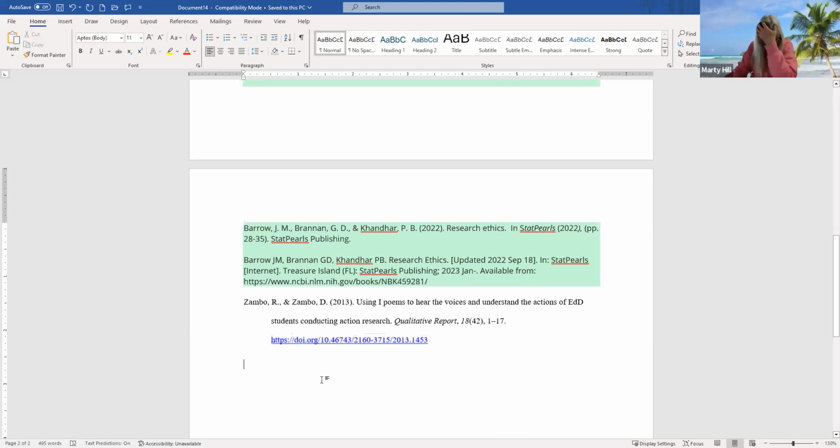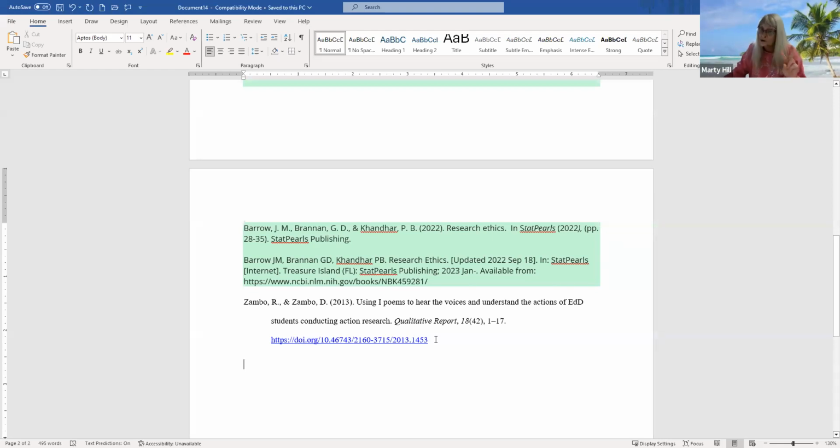DOI stands for, yep, Digital Organizing Index or something like that. There's some interesting history about the DOI number, and it is in the APA manual. Can't believe I can't remember that right now, but there you go.